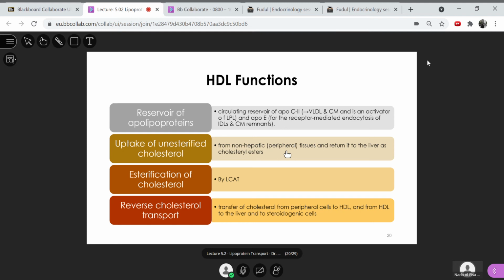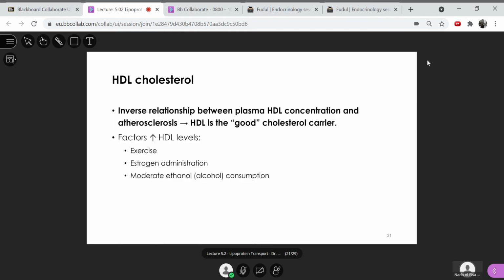It also has an important function in cholesterol esterification because it takes up free cholesterol from the periphery and converts it to cholesterol esters. Lastly, it functions significantly in the reverse cholesterol transport from the periphery to HDL to the liver and steroidogenic cells, which can or need to utilize this cholesterol.